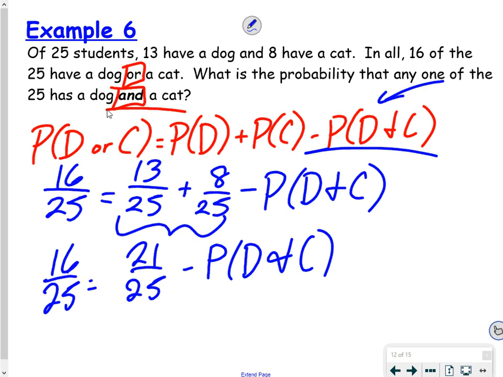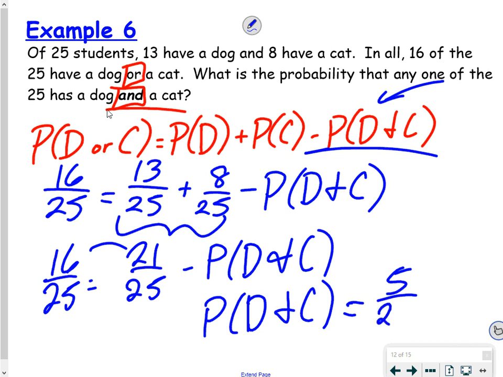The difference between these two, 16 and 21, is 5. So that just means, like I said before, I'm skipping some steps here, the probability that one of them has a dog and a cat is 5 out of 25. If we want, we can simplify that. That's 1/5, 0.2, or 20%.